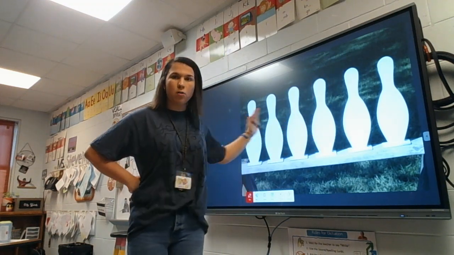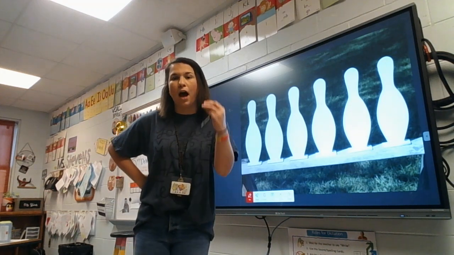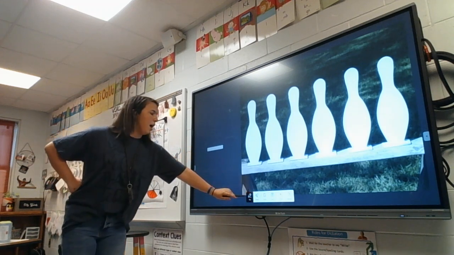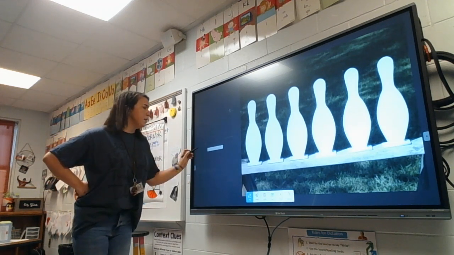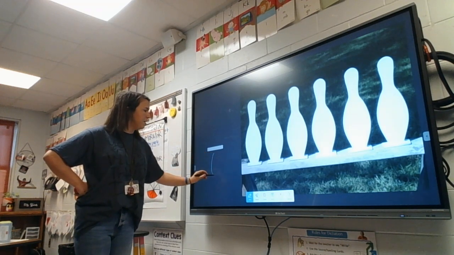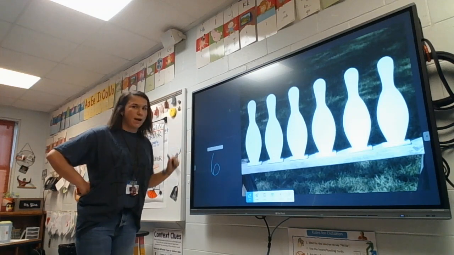So my total number of parts is 6. So that is called my denominator. Your denominator goes on the bottom of your fraction line. So here's my fraction line. My denominator is going to go on the bottom. So that is 6.